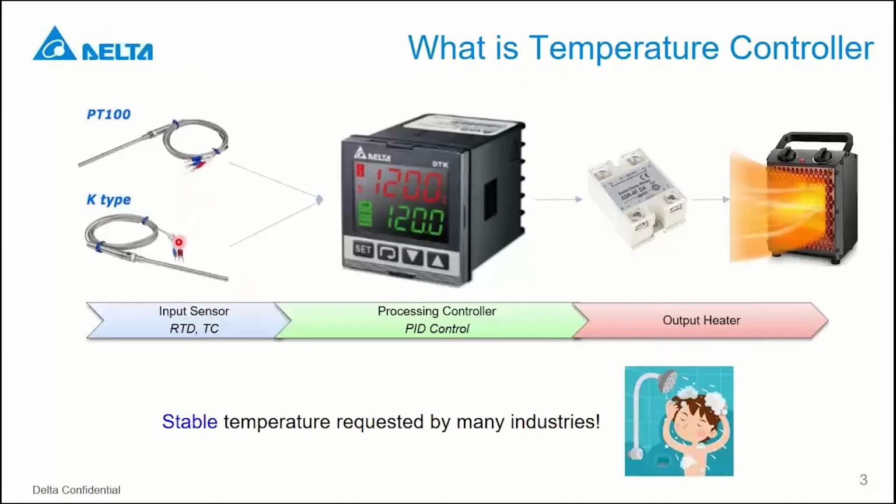Normally there are two types of sensor, which are RTD, for example the PT100, and also TC, a thermocouple. For example, it's a K type here.